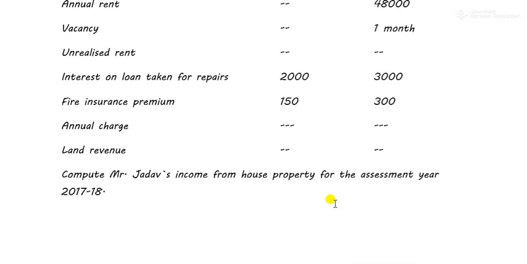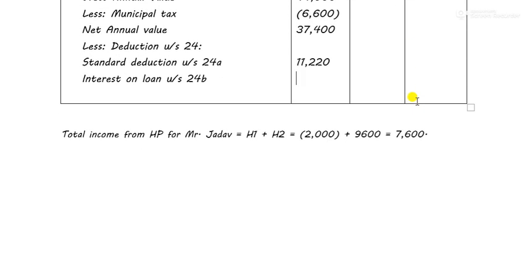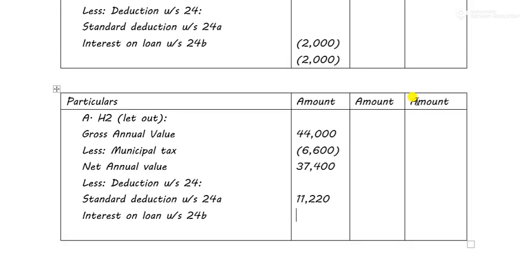Now the deduction under section 24B means the deduction on interest on loan. What is the interest on loan? 3,000 only. Both of these are to be deducted, therefore they are to be put in brackets.